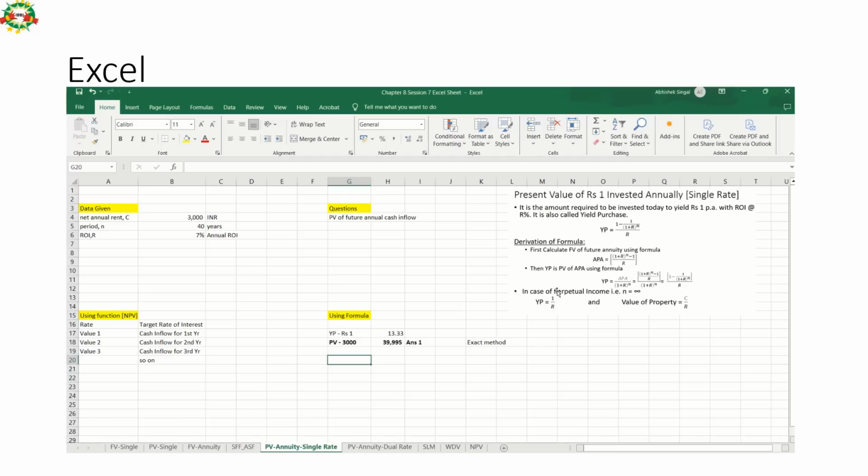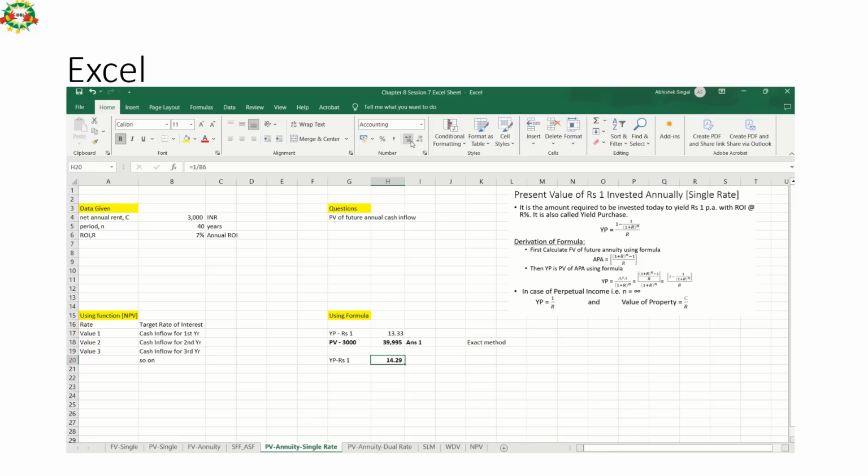If we calculate year purchase using the approximate method, the value will be 1 divided by R. 1 divided by R, with R as 7%, comes to 14.29 in decimal.